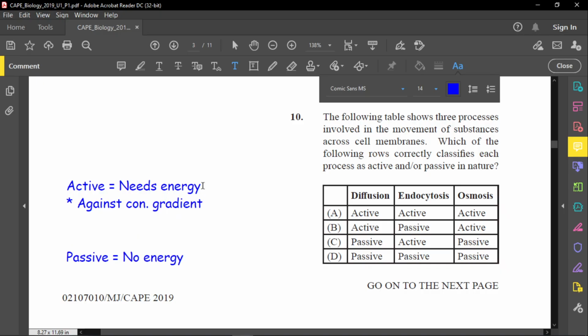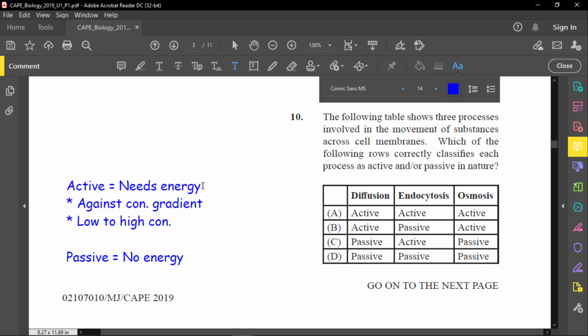And also what is important as well is that the solvent will move from low to high concentration, which is not the usual way for movement of substances. So move from low to high. Since it moves from low to high concentration, it therefore means energy must be required. If you move into somewhere that is already concentrated, you have to put some force into it. Think about you going to a room that is already packed with people.